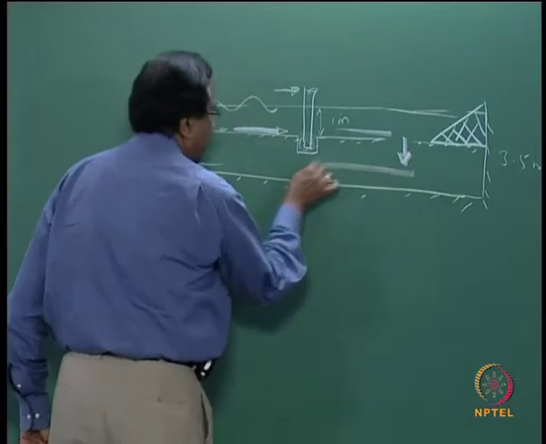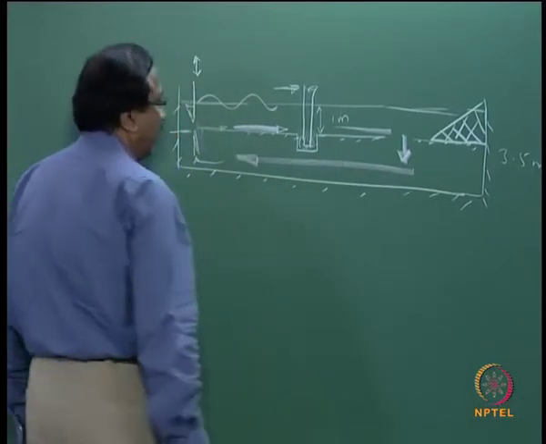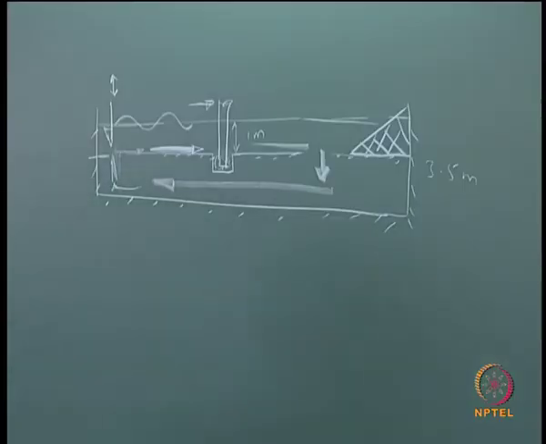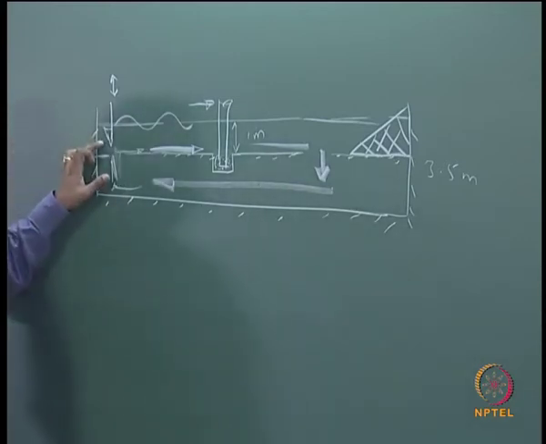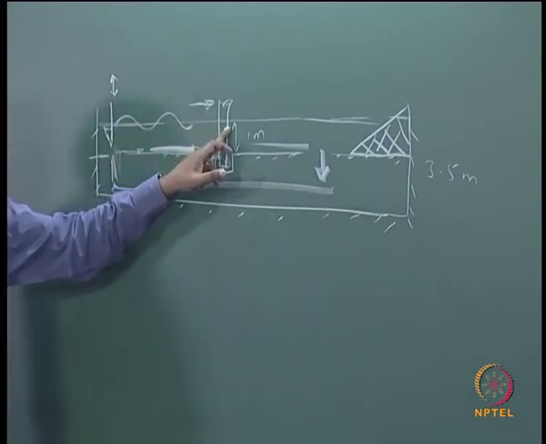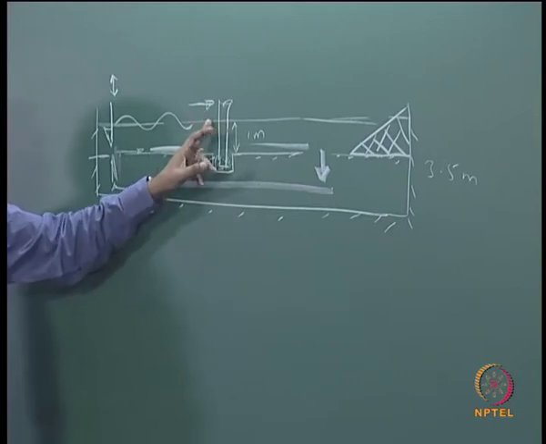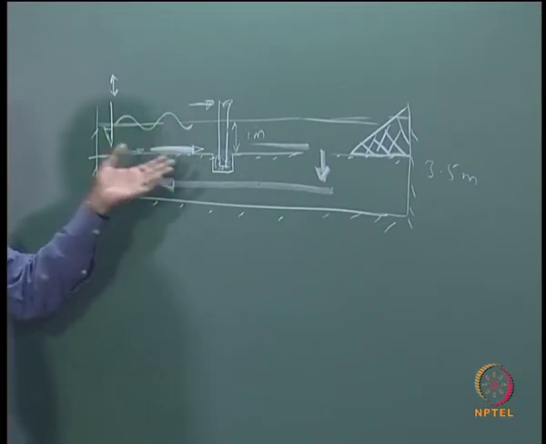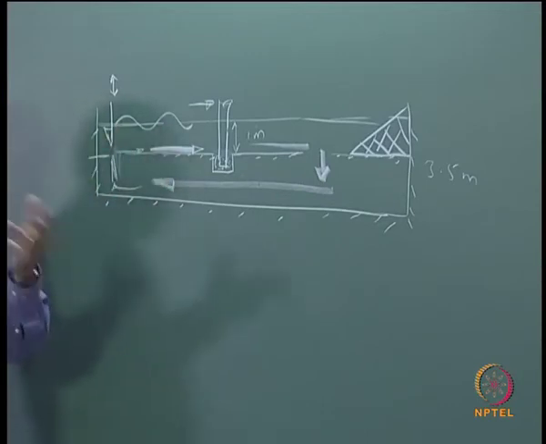So, this is going to serve as a reservoir. So, now you understood how a flume, initially planned for generating ocean waves alone in the laboratory, has been converted to a wave current interaction facility.